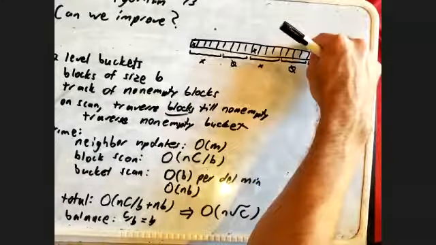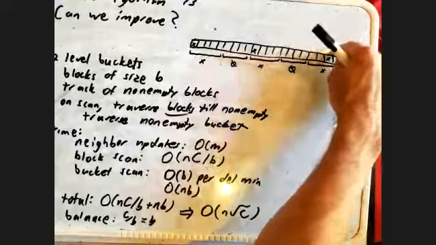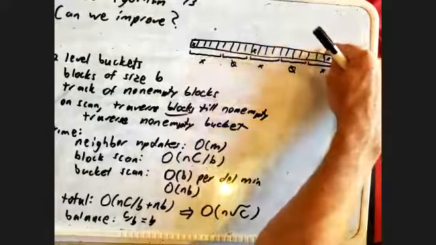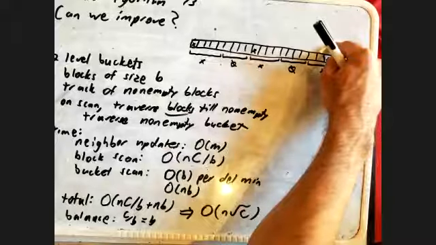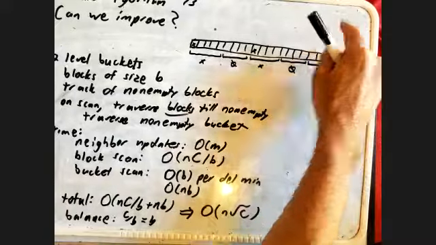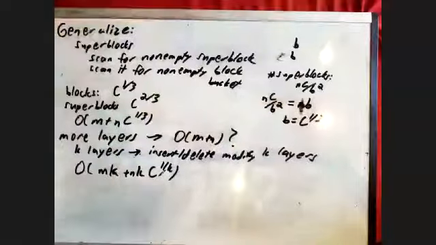And all of the items in that block will be found in a single scan that only costs me the size of the block. Yes, but first you scan through the super blocks, right? Yes. And then when we find a non-empty super block, we go inside the super block and scan the blocks. Is that correct? Yes. And there are going to be c to the 1 over k of those blocks to be scanned.